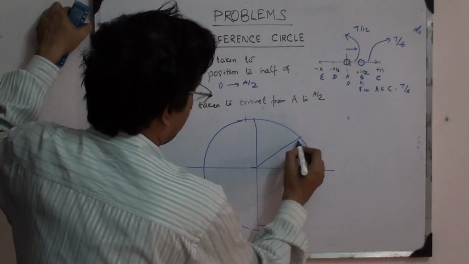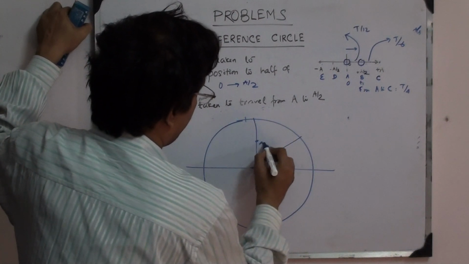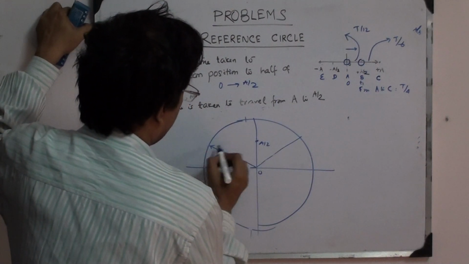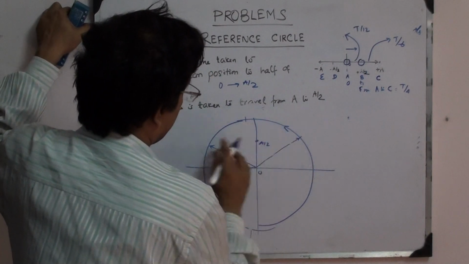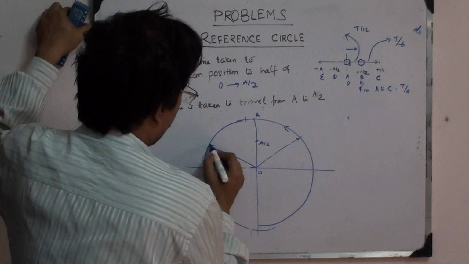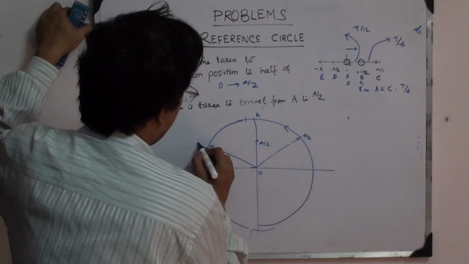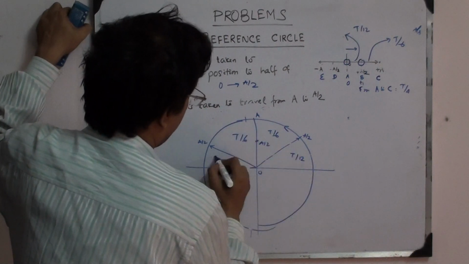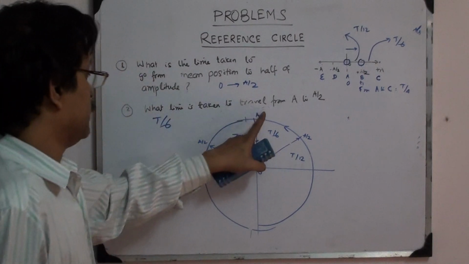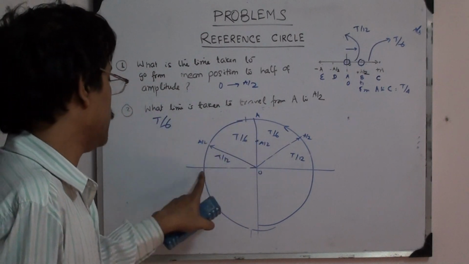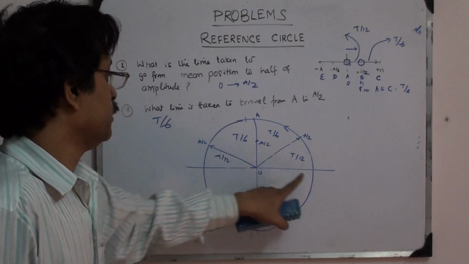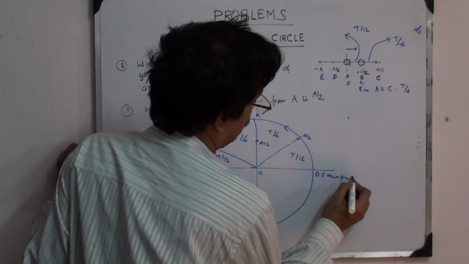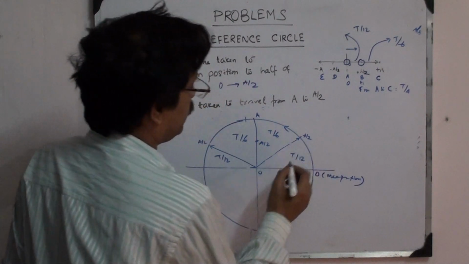From A to A by 2 is T by 6, A by 2 back to the mean position is T by 12. From the mean position to A by 2 is T by 12, and then T by 6.